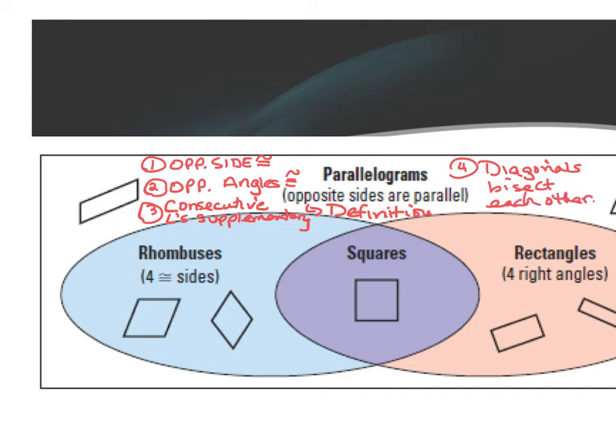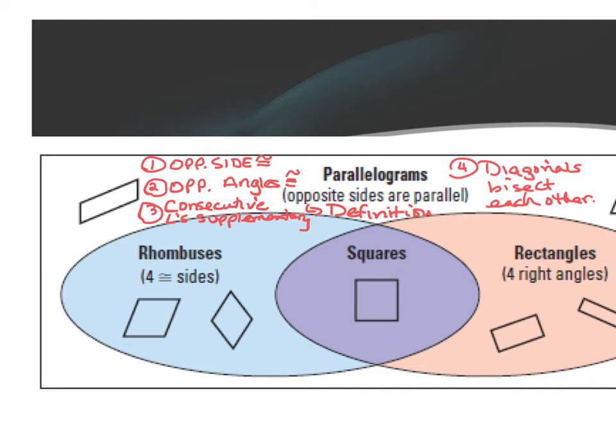If you recall, all of the converses of these are the ways to prove that a quadrilateral is a parallelogram. We learned back in 7.2 that a parallelogram has opposite sides that are congruent, opposite angles that are congruent, consecutive angles that are supplementary, and diagonals that bisect each other. And then the definition is what we initially learned, that both pairs of opposite sides are parallel. So these are the properties of a parallelogram.